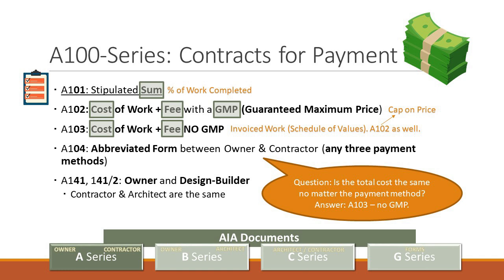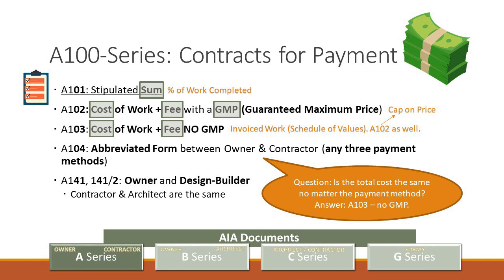Under the A103, this cost of the work plus a fee, you have no idea how much it's going to cost at the back end. Now, you'll get an estimate. They're going to give you an estimate when they do the bid. But along the way, if the contractor says, I thought that the electrical was going to be $6,000, Mr. Hanahan, for yours, but I couldn't get the right electrician, I had to bring somebody in, it was $8,000.